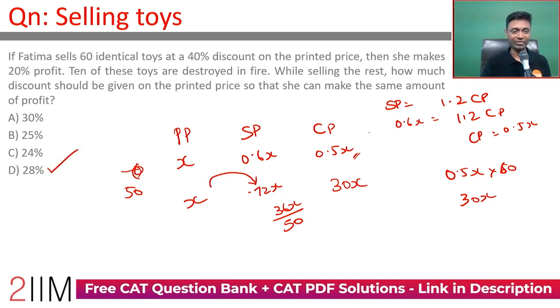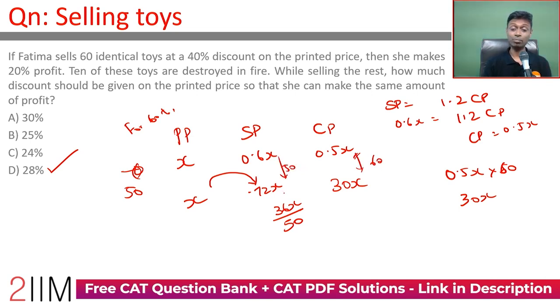Going over the whole process, for 60 toys, the numbers look like this. Printed price is x, selling price is 0.6x because discounted by 40%. This returns a 20% profit, or my cost price is 0.5x for each of the goods. Therefore, the math works. However, she's not able to sell everything. She loses 10 of the toys. So in the new scenario, she buys 60 but sells only 50.